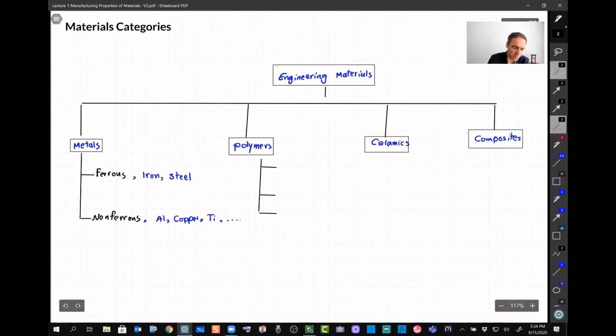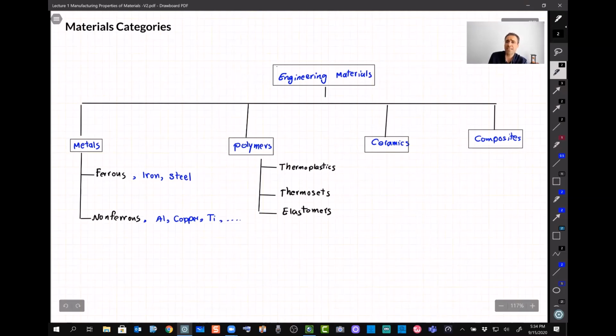The first category, we call them thermoplastic. Second one, thermoset. And the last is elastomers.